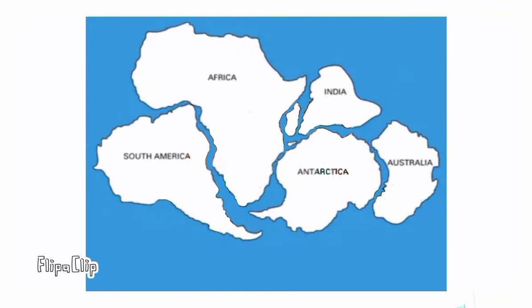Well, if we go back to the jigsaw puzzle that we saw earlier and mark all the locations where the fossils of Glossopteris were found, we can observe that they can be connected, which at some point proves that they were once connected.